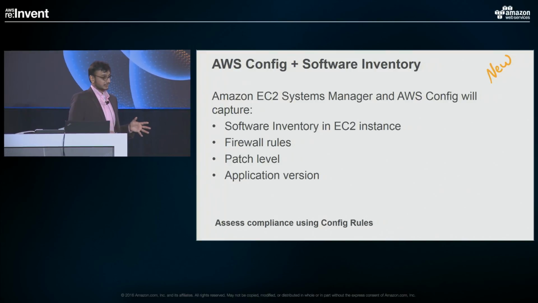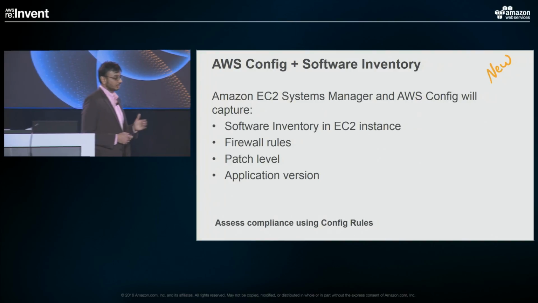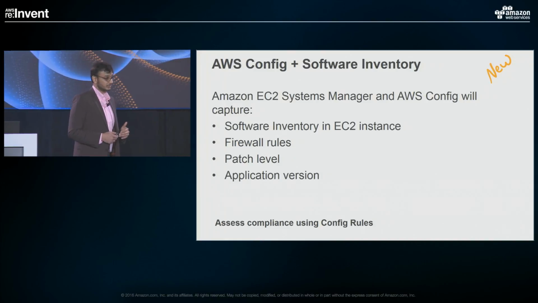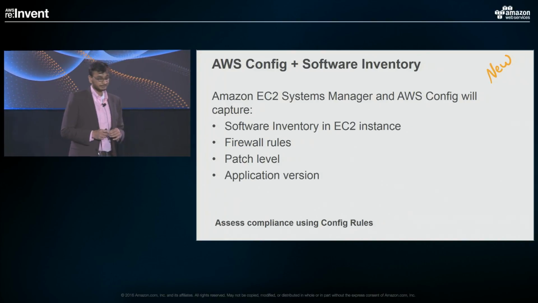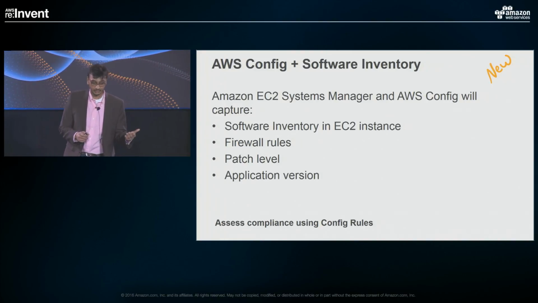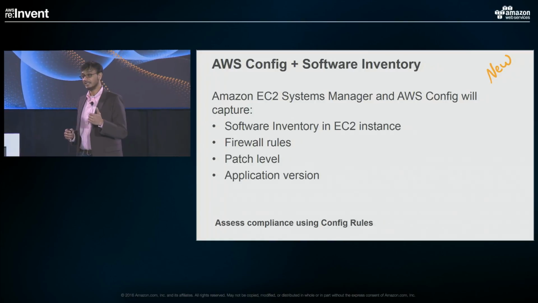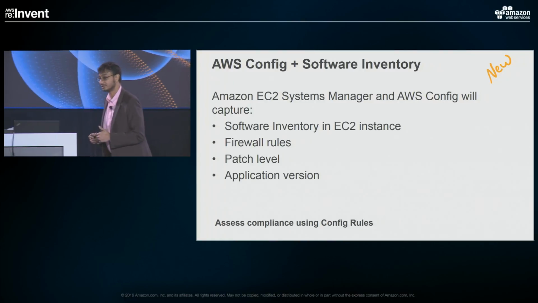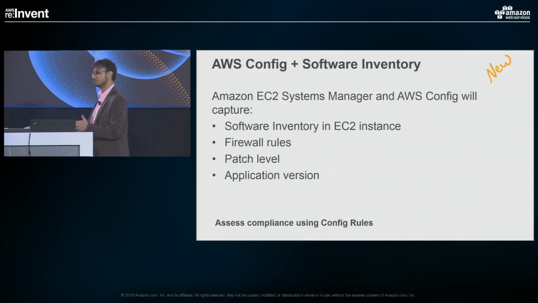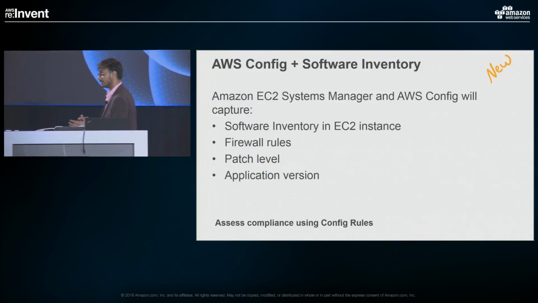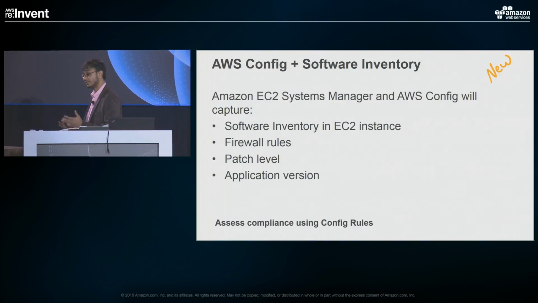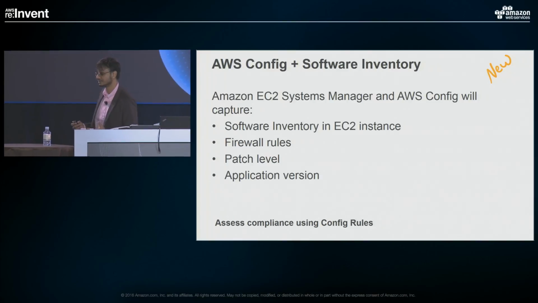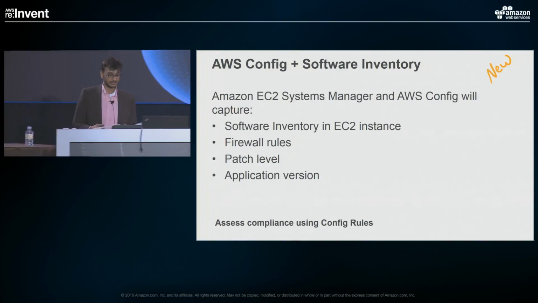Now, in the context of assessing compliance, I wanted to showcase a new feature we launched very, very quietly yesterday. Of course, Werner announced something called the EC2 Systems Manager. This capability allows you to monitor, get instance software configurations, and patch your EC2 instances. Very useful for Windows or Linux instances.